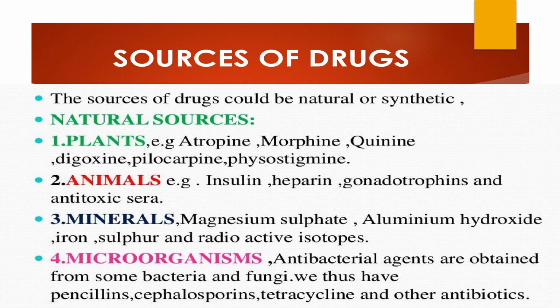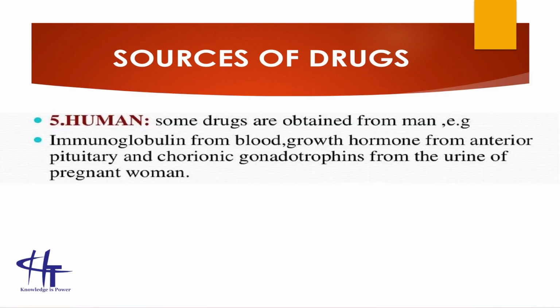Some antibiotics can be got from microorganisms, like penicillins and cephalosporins. We also have humans. Examples are gonadotrophins, which are got from pregnant mothers. Some hormones of the anterior pituitary gland can also be obtained from humans. And so those are what we refer to as the natural drug sources.